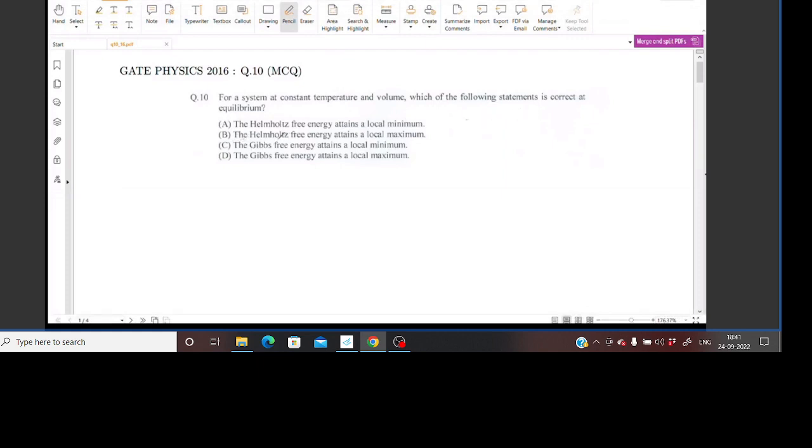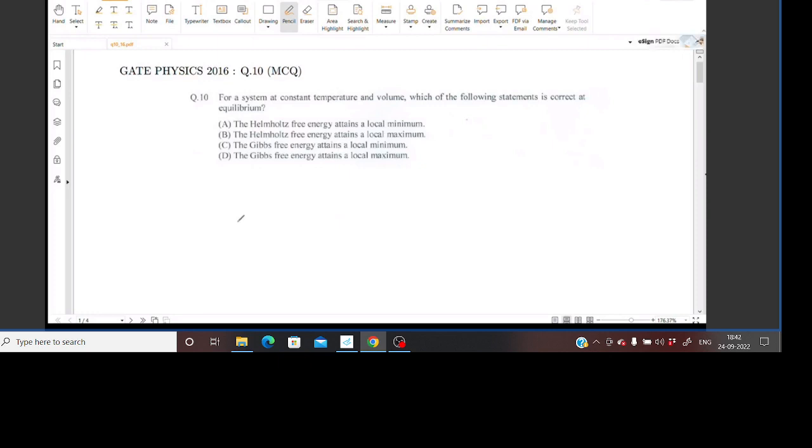Option A, the Helmholtz free energy attains a local minimum. Option B, the Helmholtz free energy attains a local maximum. Option C, the Gibbs free energy attains a local minimum. Option D, the Gibbs free energy attains a local maximum.